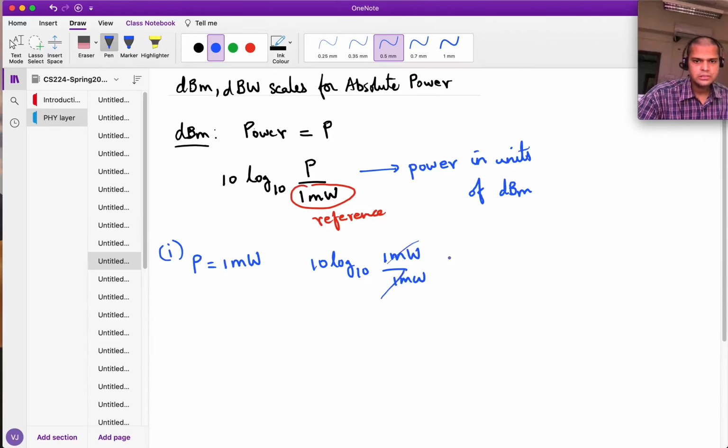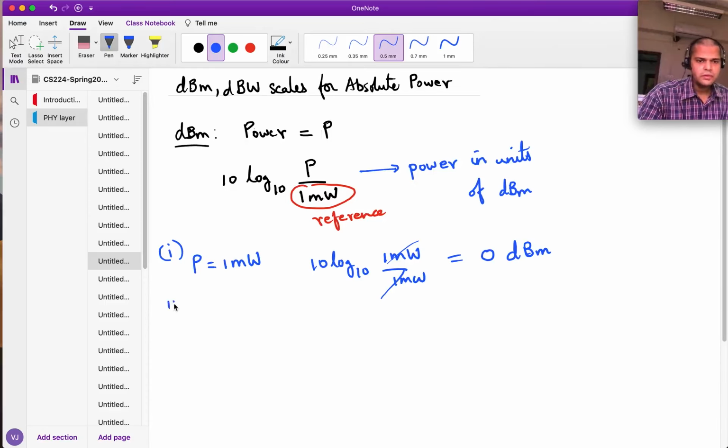So this cancels, and we end up with log 1, which is 0. So 0 dBm. If somebody tells you that he has a power of 0 dBm, you know that he means he has 1 milliwatt.